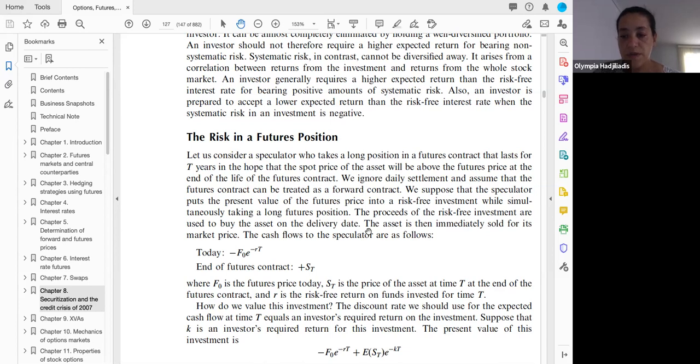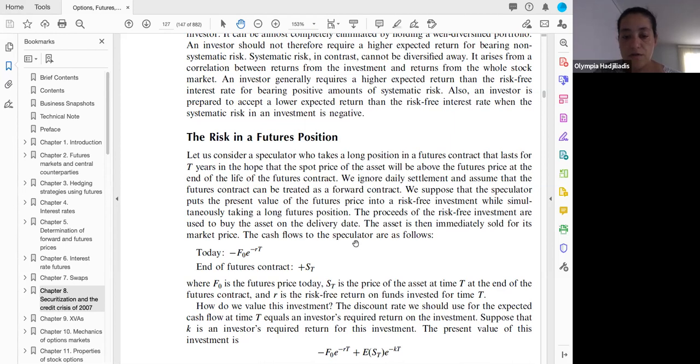We suppose that the speculator puts the present value of the futures price into a risk-free investment while simultaneously taking a long futures position. The proceeds of the risk-free investment are used to buy the asset on the delivery date. The asset is then immediately sold for its market price.